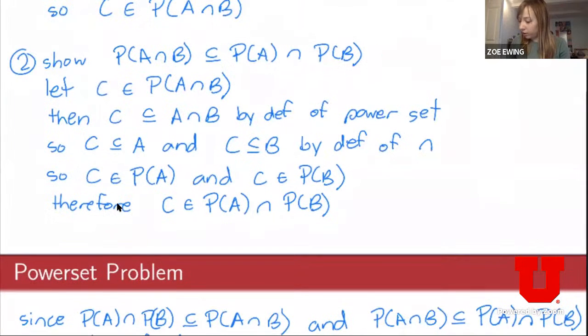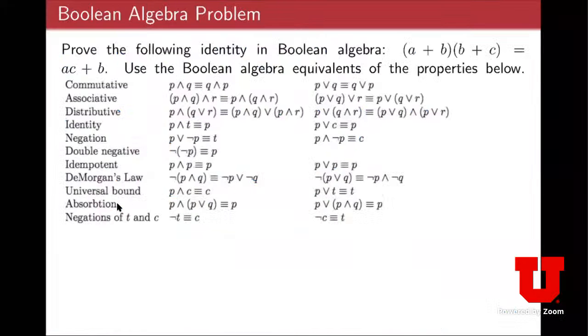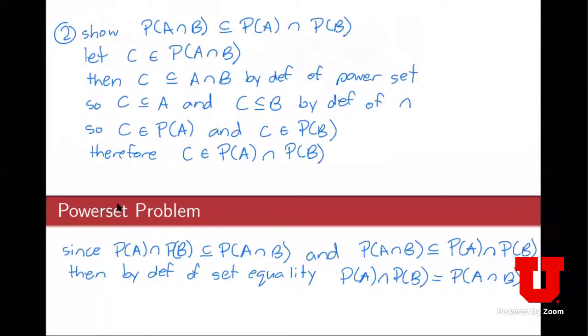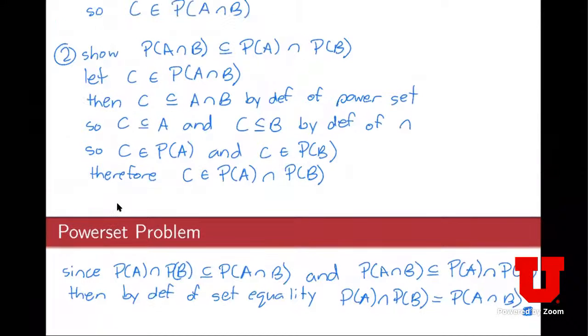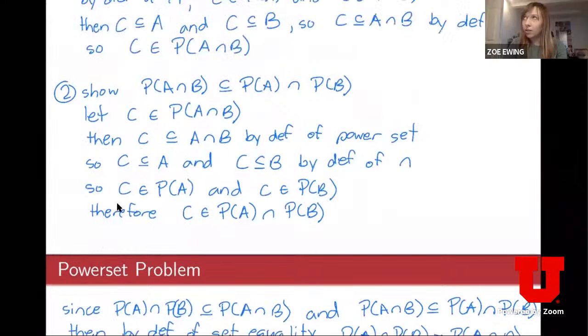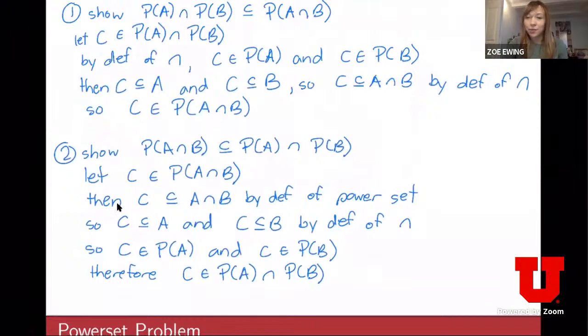Question. If something is a subset of another set, is it always going to be an element in the power set of that set? Let me repeat the question just so I can double check I understand.